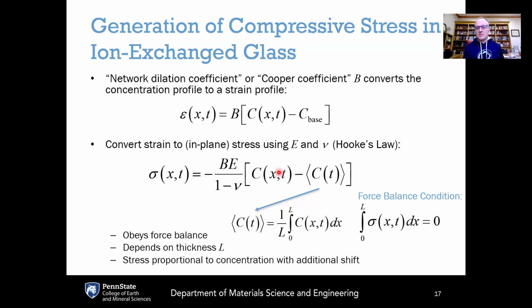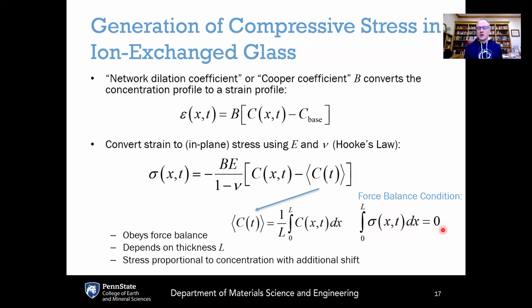And this subtraction of the average concentration is here because the stress profile needs to satisfy the force balance condition. That force balance condition says that if you integrate all of the stresses through the thickness of the glass, so integrating this over x from 0 to L, that integrated stress must be equal to 0.